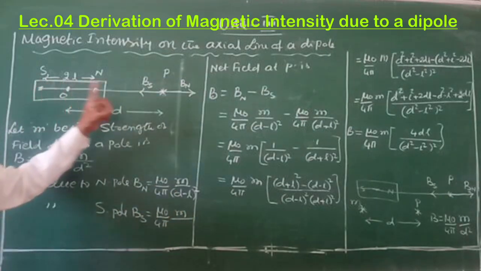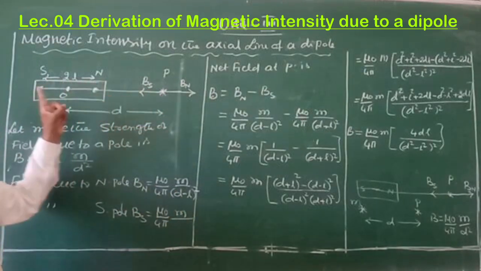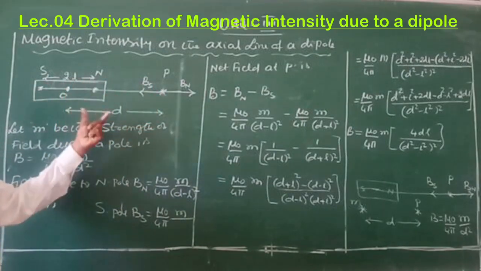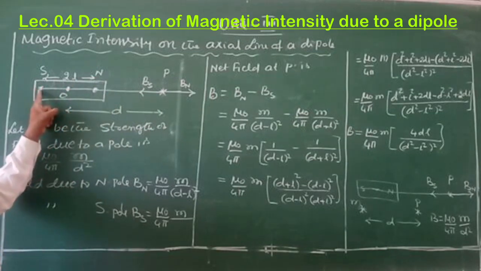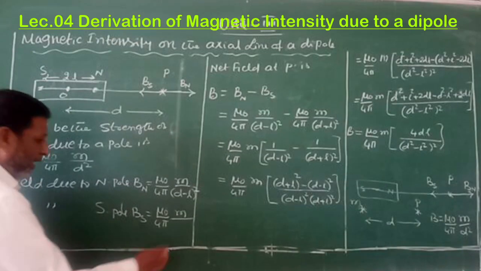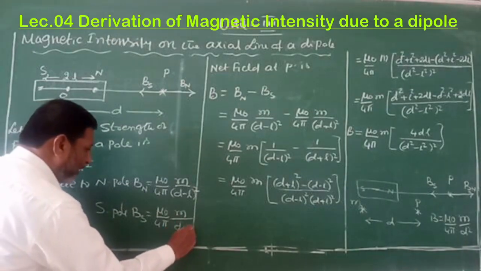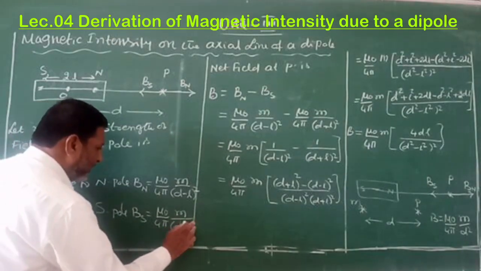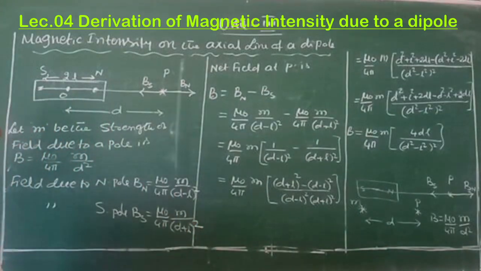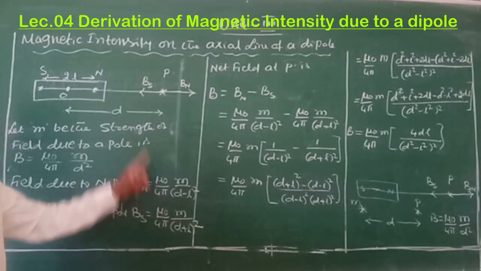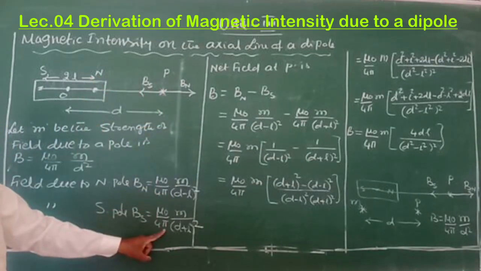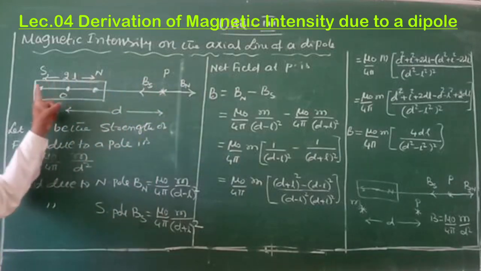This distance is D plus L. Therefore, we write D plus L whole square. This one is the field at this point due to the north pole. Next, this one is the field at the same point due to the south pole.